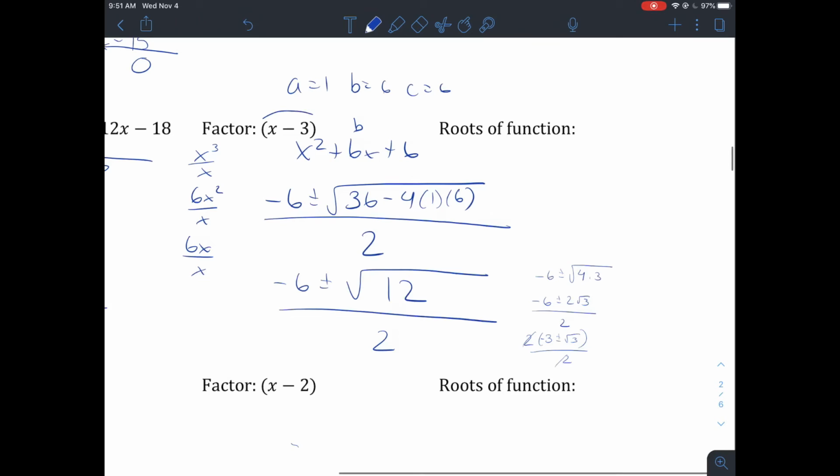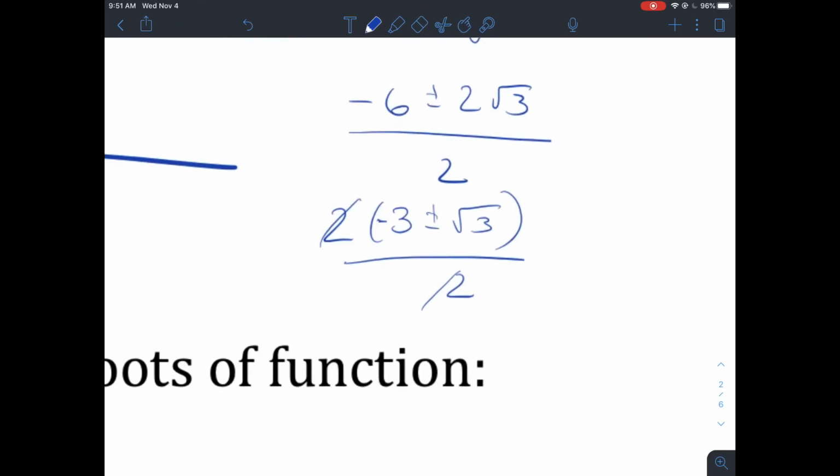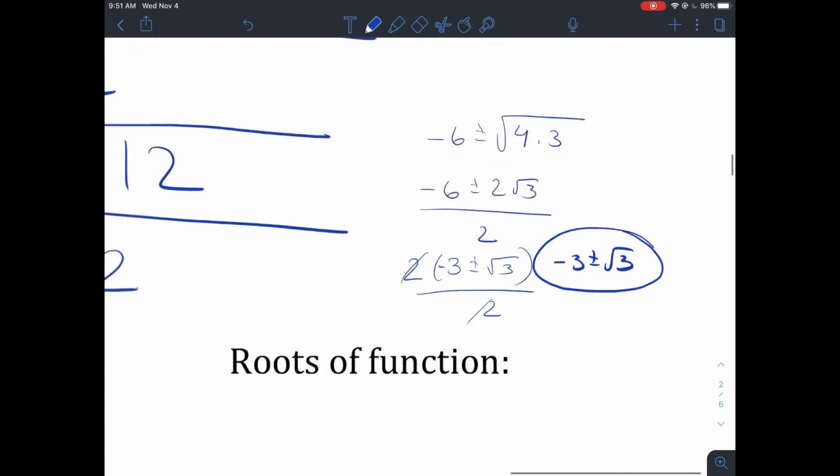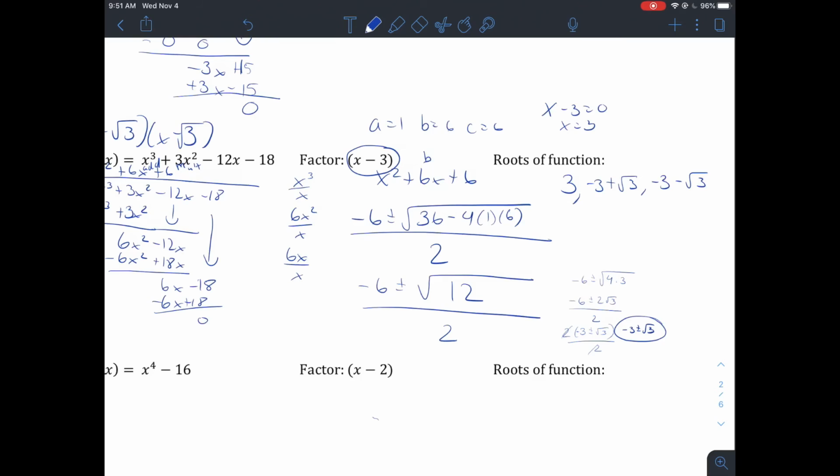My roots are going to be, this guy set equal to 0, so x minus 3 equals 0. We get x equals 3, so we have a root of 3. And then we also have negative 3 plus root 3 and negative 3 minus root 3. And that came from splitting this guy apart, because we got negative 3 plus or minus root 3 left over. All right.